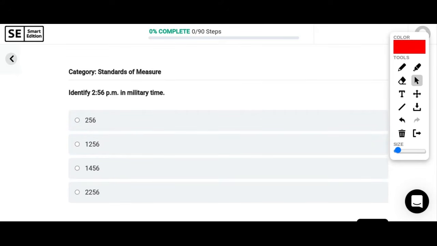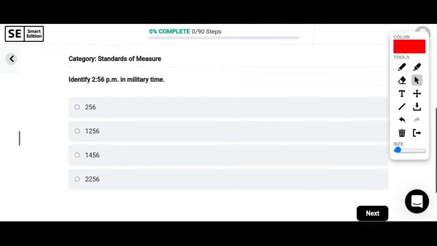A little bit different of a question here. We have 2:56 p.m. in military time. So military time is on a 24-hour time. When we have p.m., that means that we have gone past the first 12 hours of the day. Everything before that is a.m. up until noon.